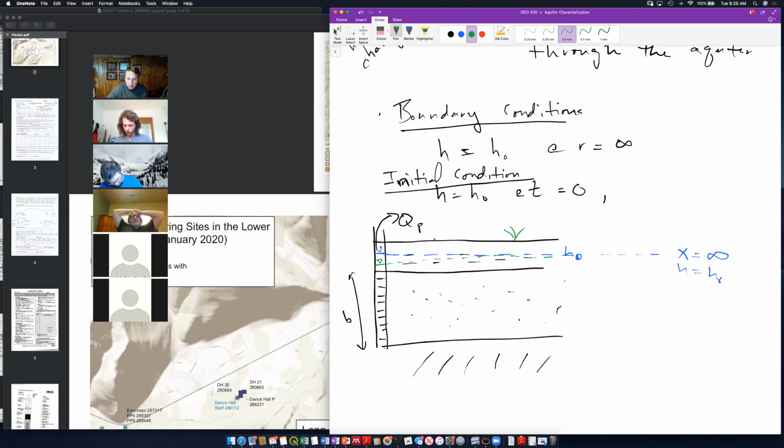We're going to look, again like in the time equation, as if we've got two observation wells at different distances, and they are measuring the head in each of these wells. So this one would be r1. This one would be r2.